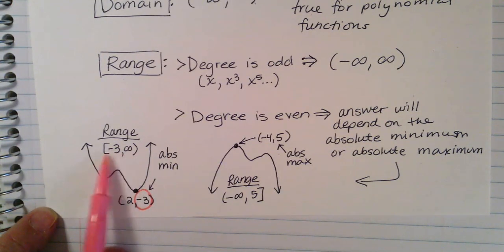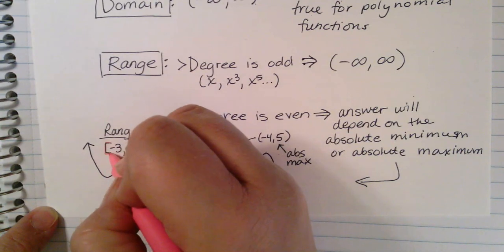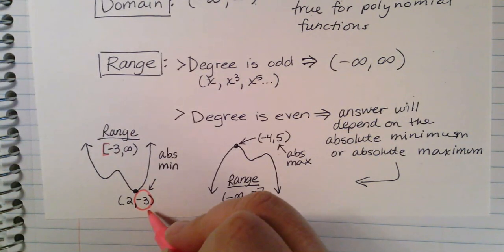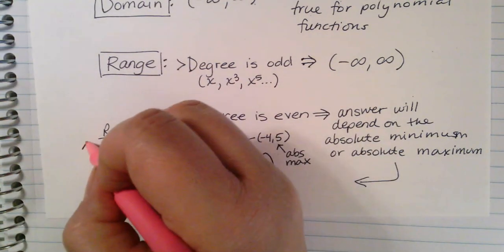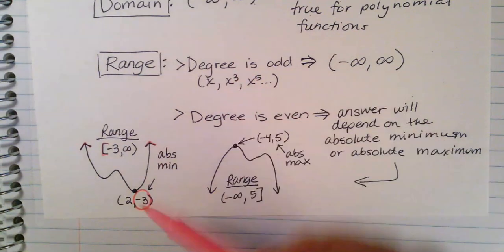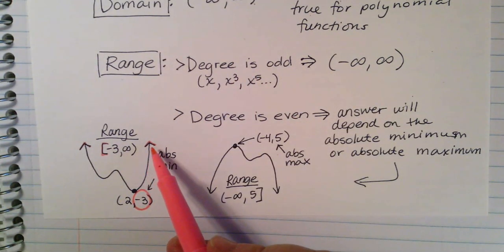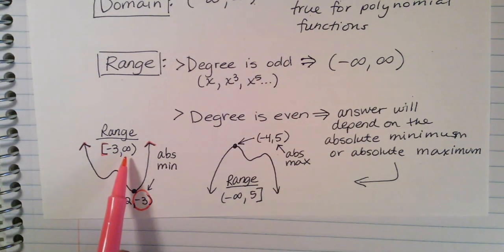This right here is interval notation, and it always goes from smallest to largest. So the smallest y value is negative 3. It gets a bracket because y can be negative 3. That point has a y value of negative 3. And then, on the other side of things, the largest y could ever be, well, it just keeps going forever. There is no largest. So we say it keeps going to positive infinity.